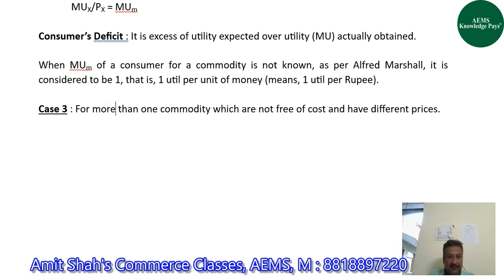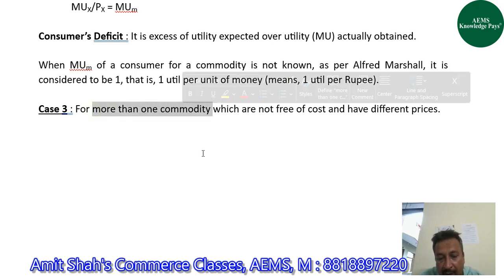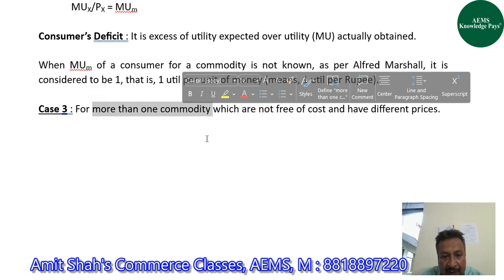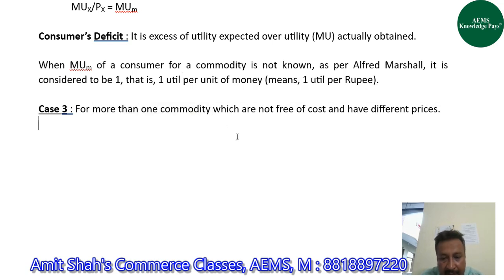So, guys, the two cases, case number one and case number two, was for only one single commodity. Here we are going to see more than one commodity. So, when a consumer wants to purchase two or more commodities, not one, how does he determine his equilibrium? Or how does he attain his equilibrium? That is what we are going to understand in case three. And both the commodities are not free of cost and they have different prices.